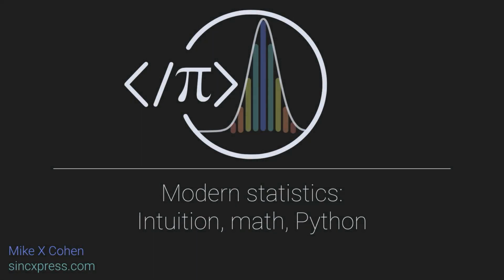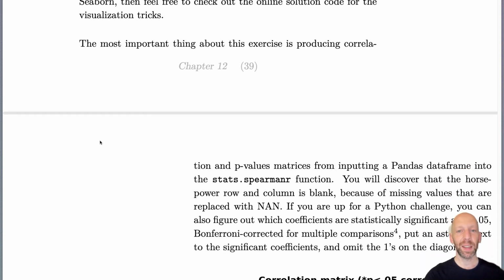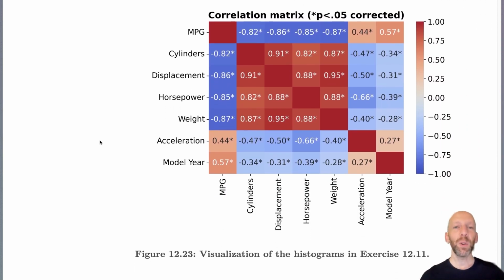This exercise follows up from the previous exercise, so you definitely need to have gone through exercise 10 before working through this exercise. Now, the goal here is fairly simple, but the implementation can get tricky. So the goal here is to reproduce the correlation matrix which you already produced from the previous exercise, but with a couple of additions.